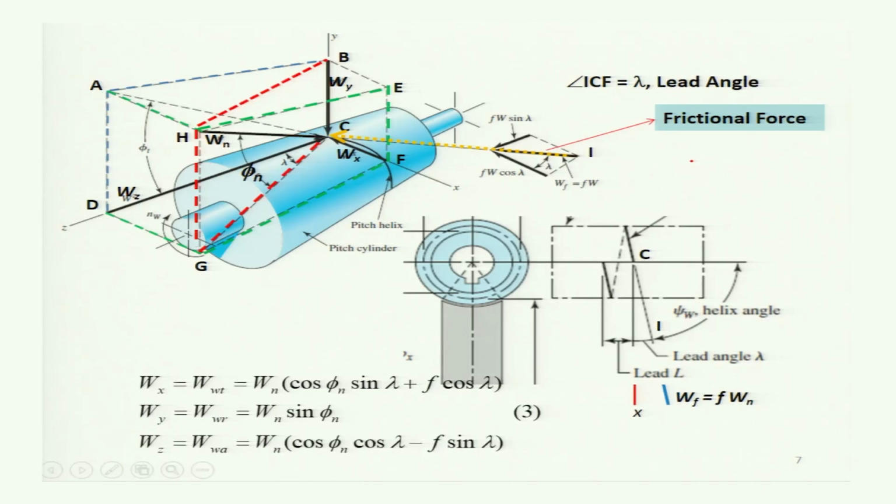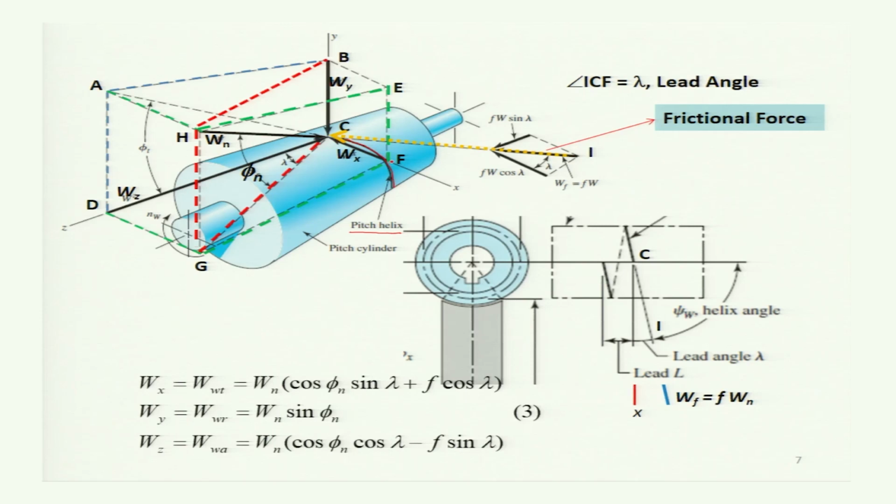Let's take that. You have the thread shown here on the worm. This is the pitch helix or the thread, and the line tangent to the thread is shown by this yellow colored line.